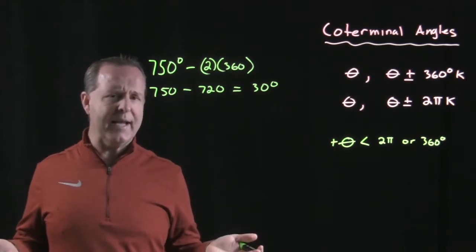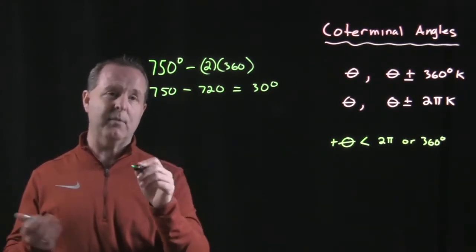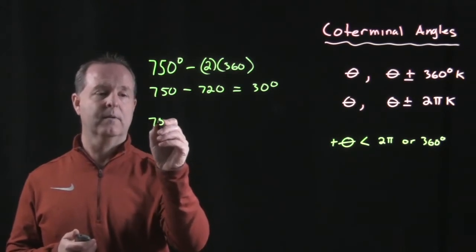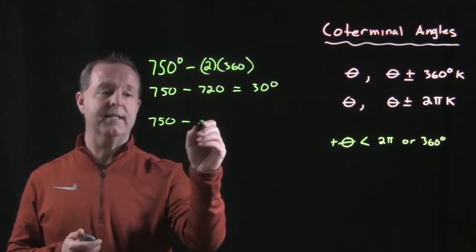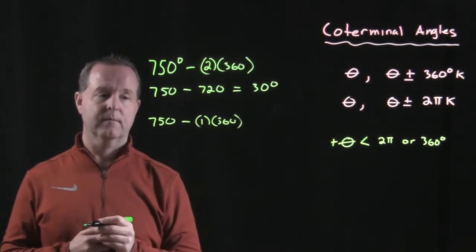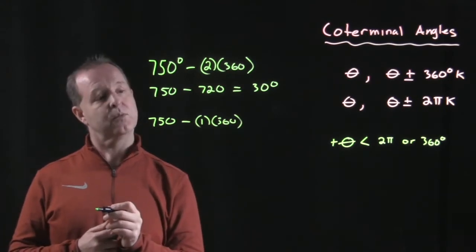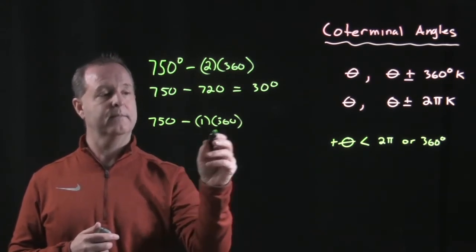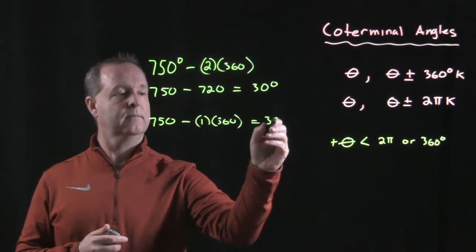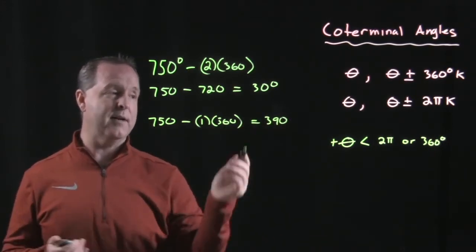Now, how did I know that we had to take 2 revolutions off so quickly? Well, let's look at a counterexample. If I start with 750 and I take away just 1 revolution, what do I have left? 750 take away 360 is what, folks? 390? So if I took away 1 revolution, I'm only down to 390 degrees.